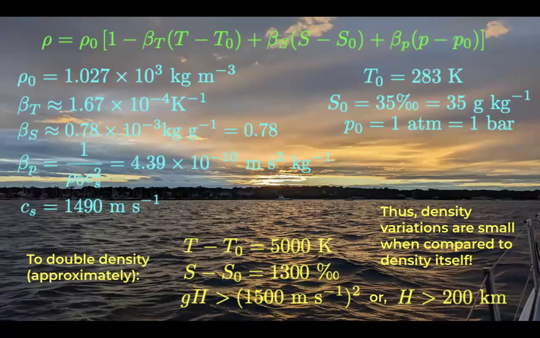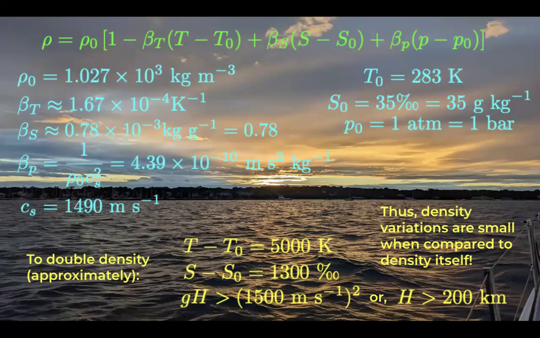And then with pressure, this coefficient has the interesting property that it's actually equal to 1 over the background density times the speed of sound in whatever fluid it's in. And so the speed of sound in the ocean is about 1,490 meters per second, really fast, faster than it is in the atmosphere.